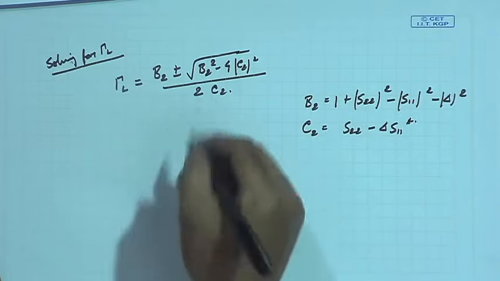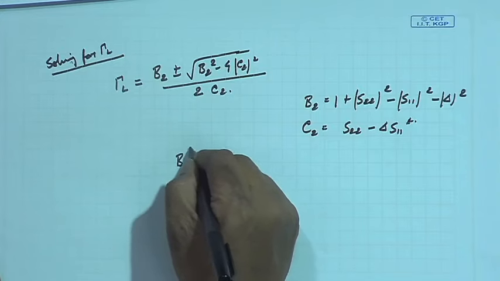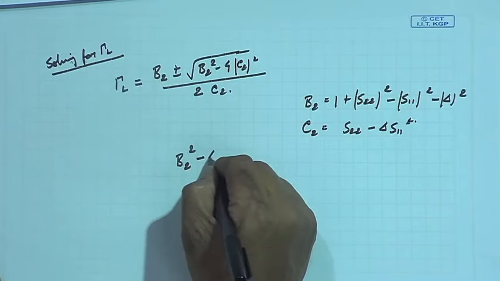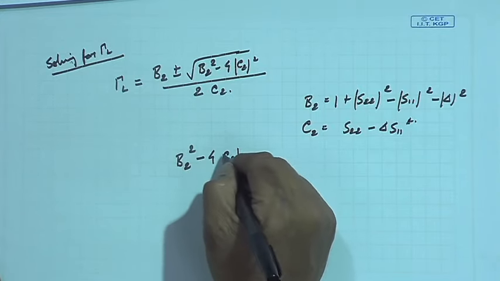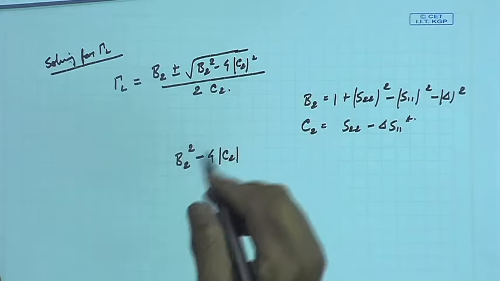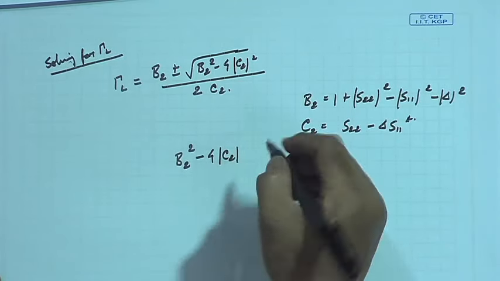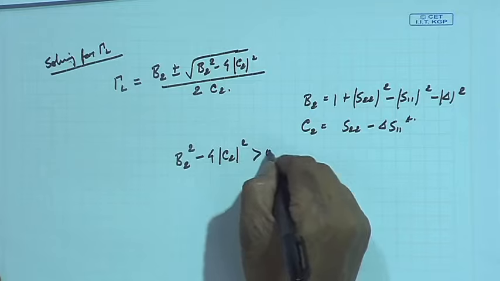Now, again here it will have a solution if B2 square minus 4 C2 square is greater than 0.